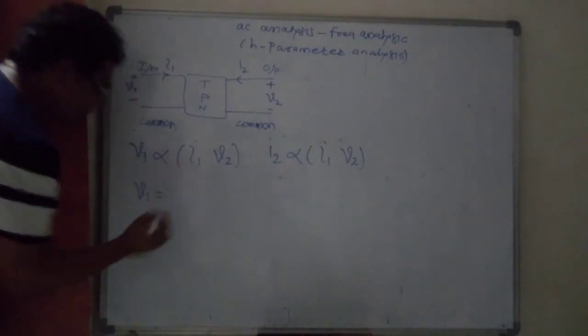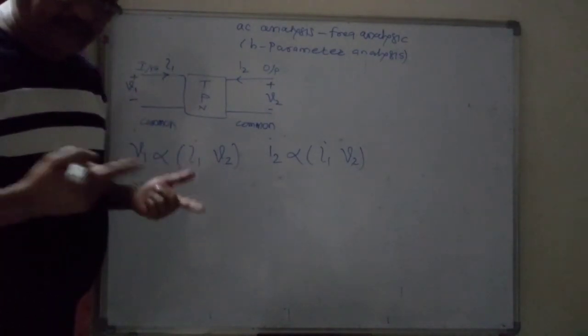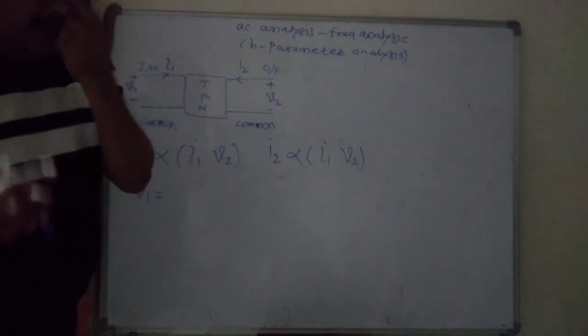V is proportional to I. In DC we say V is equal to IR, R is the proportionality constant.